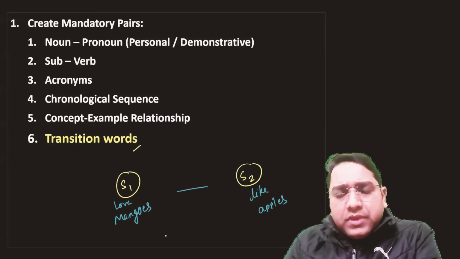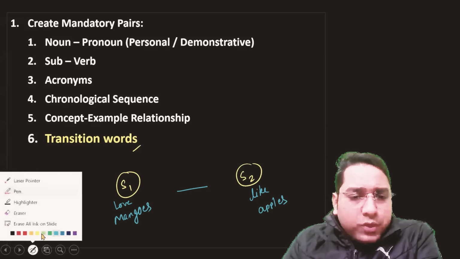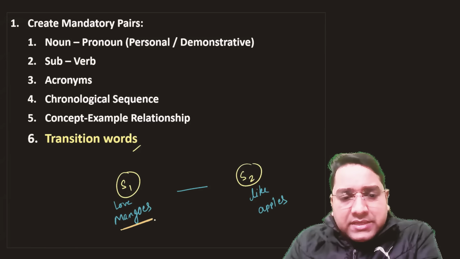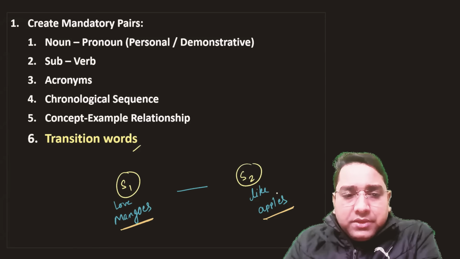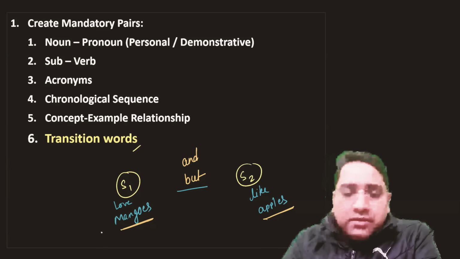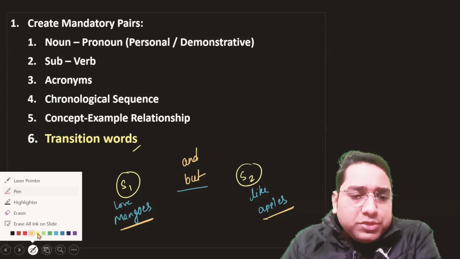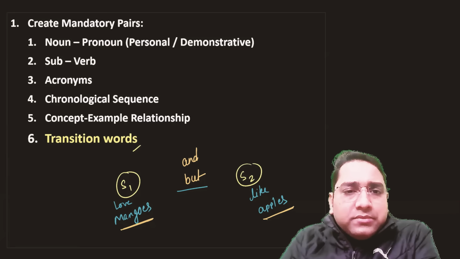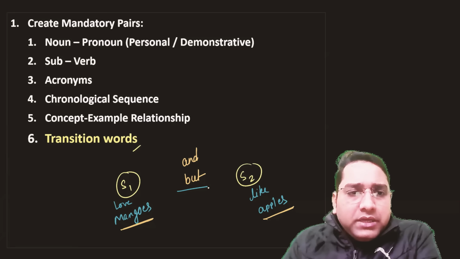Now, I have spoken two things. One is something which I love, the other is something which I don't love. So these two situations will be connected by which word? And or but? Can you please tell me?